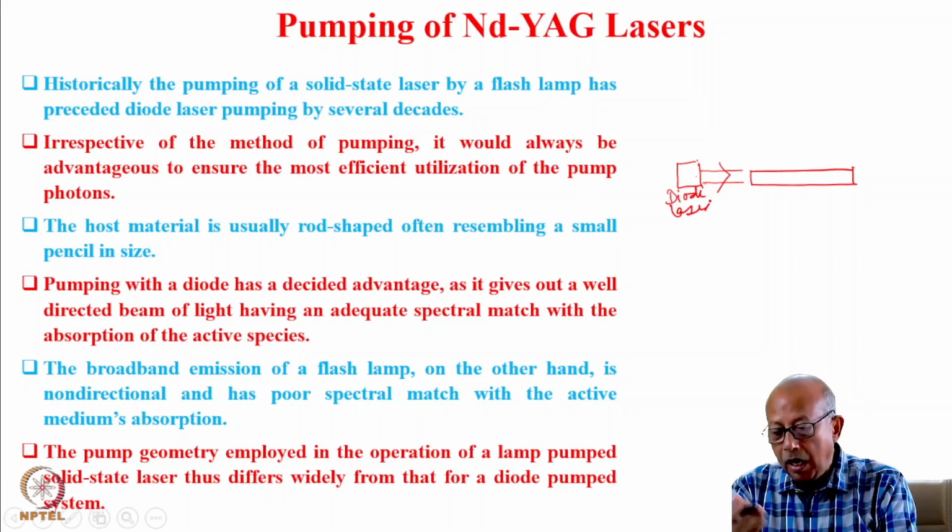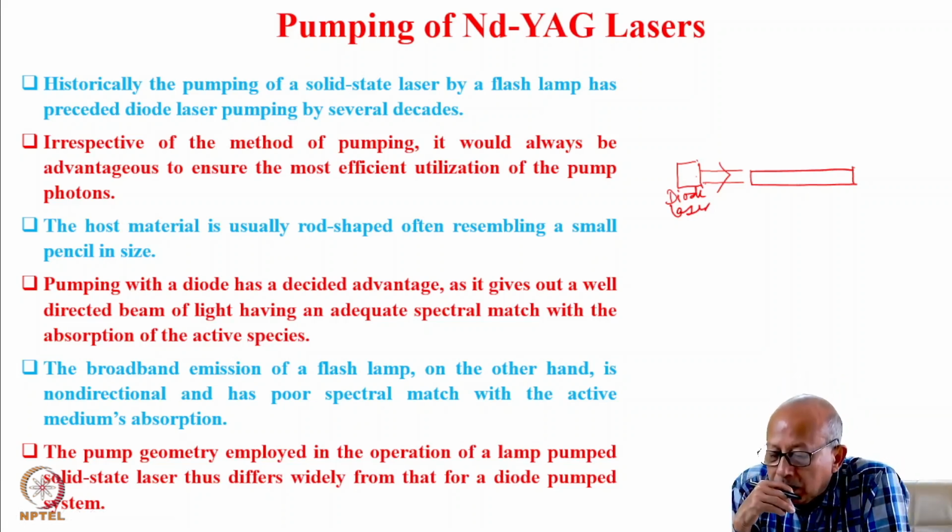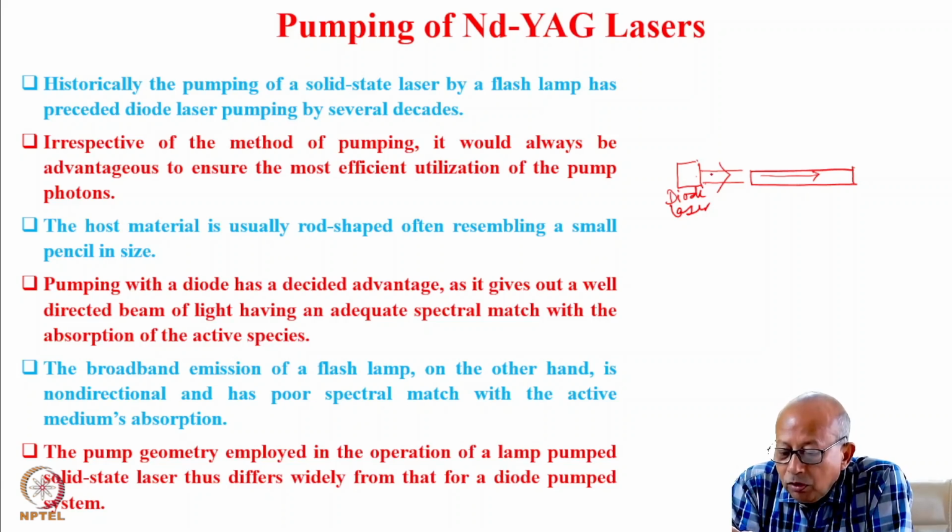Diode laser is just another name for semiconductor laser. It can be very well guided into the laser rod. And therefore, the pump photons provided by this diode laser would have very good spatial matching with the light emitting atoms which are embedded into the host.